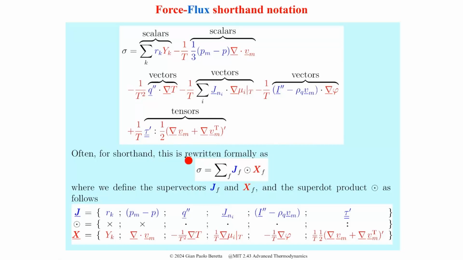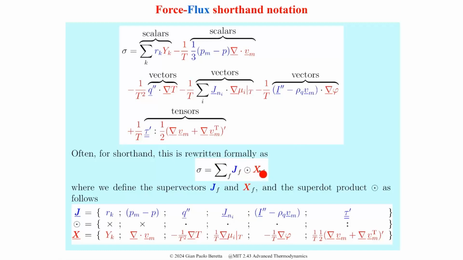You may find, if you look into papers that deal with non-equilibrium thermodynamics, that expression up there, with all these terms, written in a compact form as a sum of products of fluxes and, instead of degrees of disequilibrium, they're called forces.